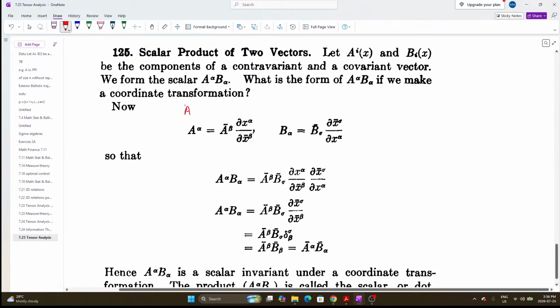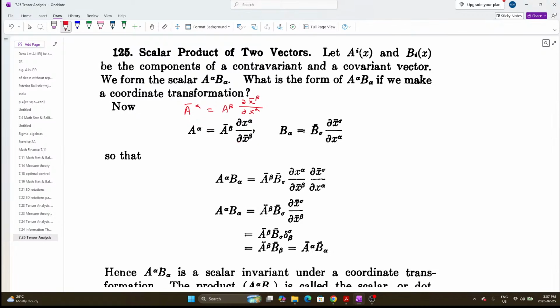Remember, A bar alpha is A^β, the forward Jacobian, dx bar alpha over dx beta.